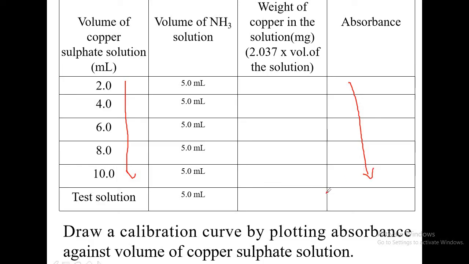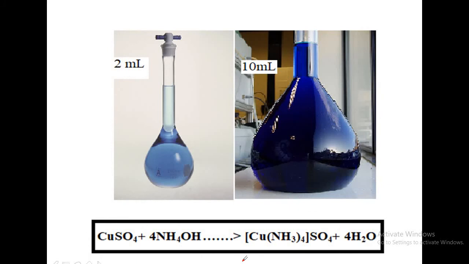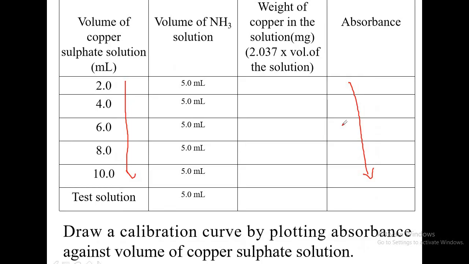Now we have to draw a calibration curve by plotting absorbance against volume of copper sulphate solution. So light colored solution absorbs less light, and intense dark colored solutions absorb more light, and therefore when you measure the absorbance, the first initial value will be low, but as you go on proceeding, the absorbance value goes on increasing, indicating that absorbance is directly proportional to the concentration of the copper ions.